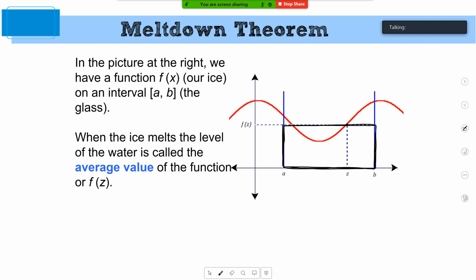Okay. Looking at that picture, what's the area of that rectangle? F of z times b minus a. Beautiful.